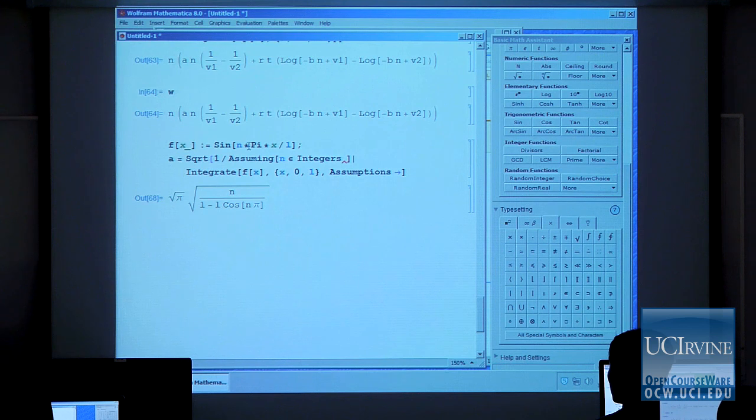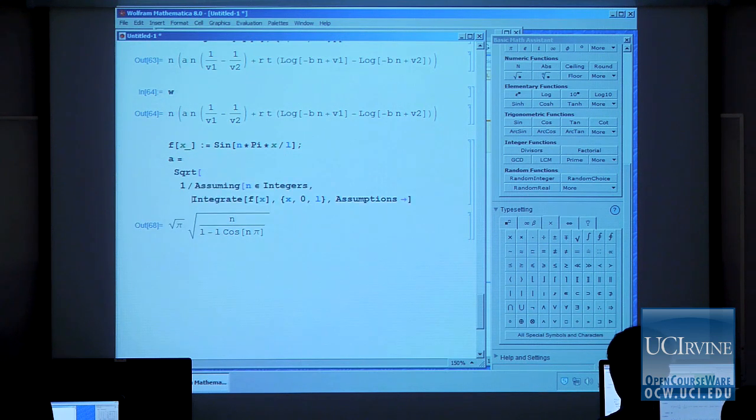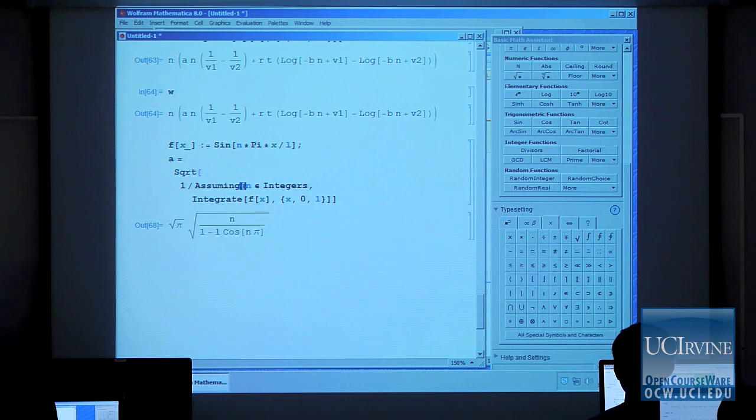Okay. Comma, and then a square bracket, and then the square bracket? No. Oh, I have to get rid of this assumptions here. Okay. All right, let's try that. What the heck? All right, what am I doing wrong?